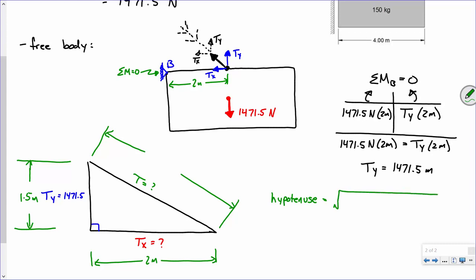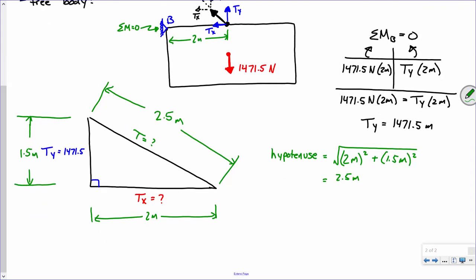is what's that? Huh? 2.5 even? All right. Everything else is just a slope ratio.